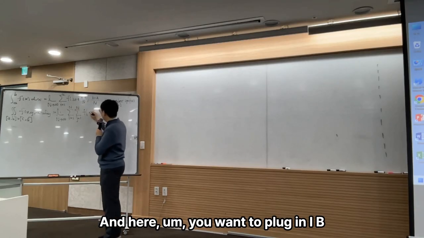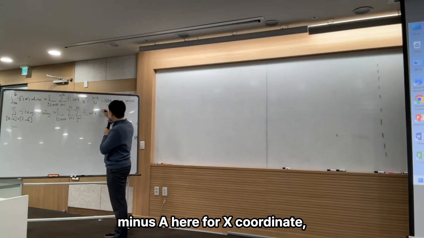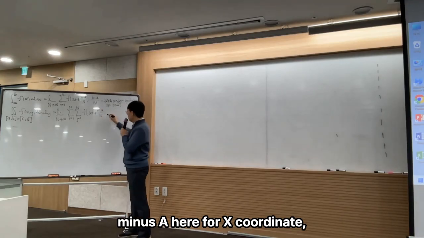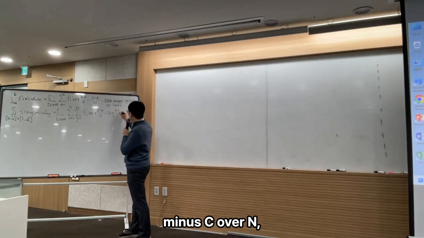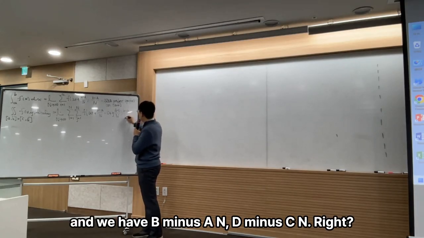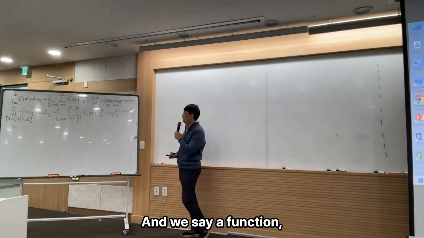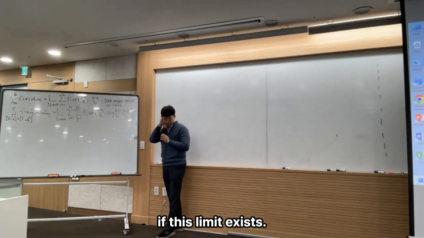Here you plug in a plus i(b minus a)/n for the x coordinate, and c plus j(d minus c)/n for the y coordinate, multiplied by (b minus a)/n and (d minus c)/n. We say a two-variable function is integrable if this limit exists.